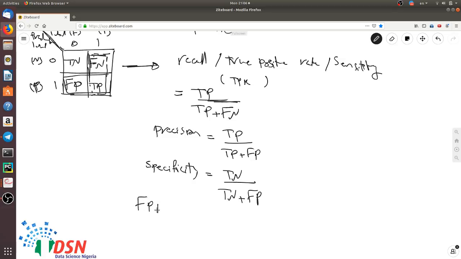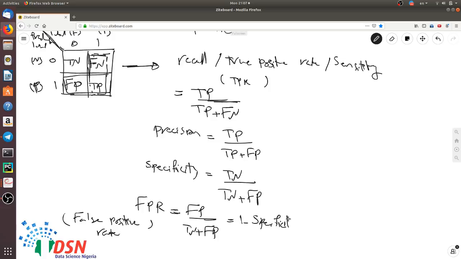And we could define false positive rate as false positives over true negatives plus false positives. You could also define it as 1 minus specificity, and the relation between these two is clear now.